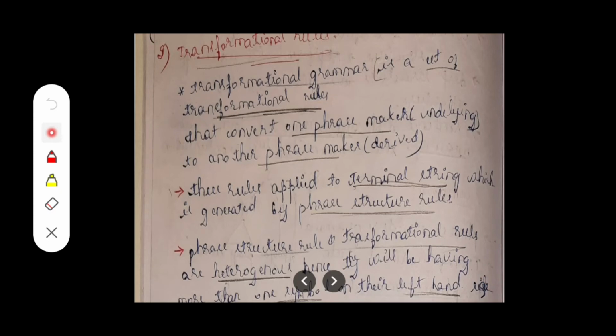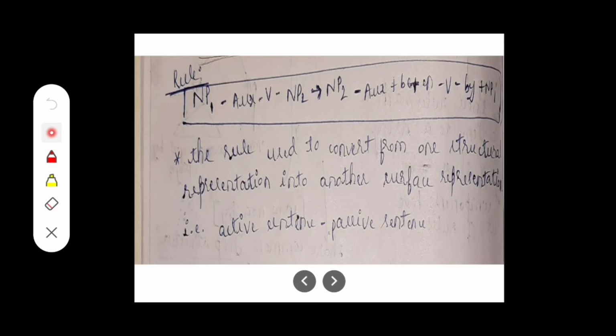What exactly this means is that in the left hand side of the rule we will have more than one symbol. I will explain this in the next slide. The rule is: the noun phrase is followed by the auxiliary, and the auxiliary followed by the main verb and NP2.